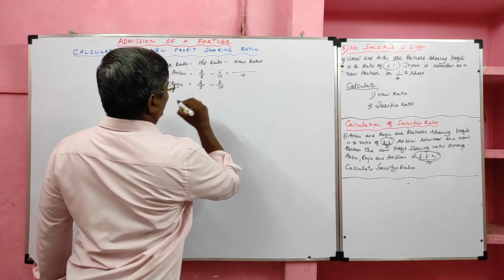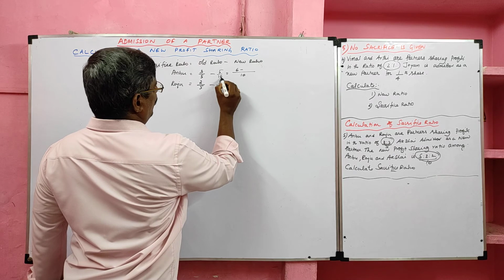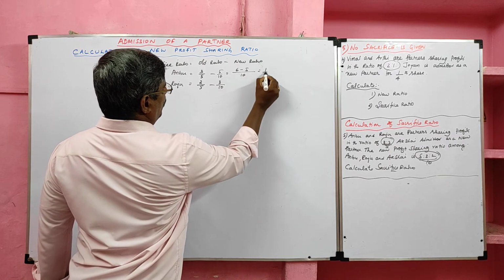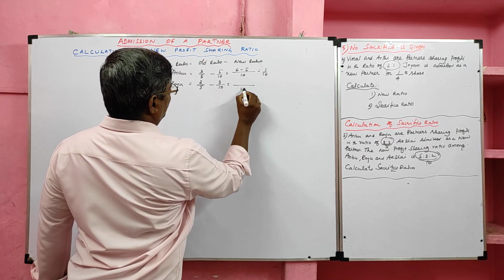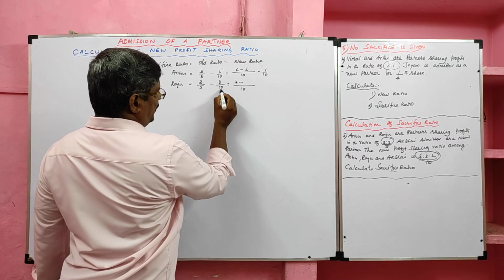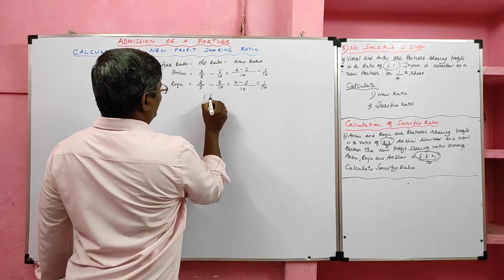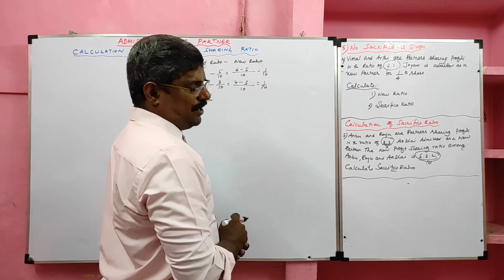Common denominator we can take 10. 10 divided by 5 is 2, 2 3s are 6, minus 10 divided by 10, 1 into 5 is 5. So 1/10. Then 10 divided by 5 is 2, 2 2s are 4, minus 3. So 1/10. So the sacrifice ratio is 1:1.